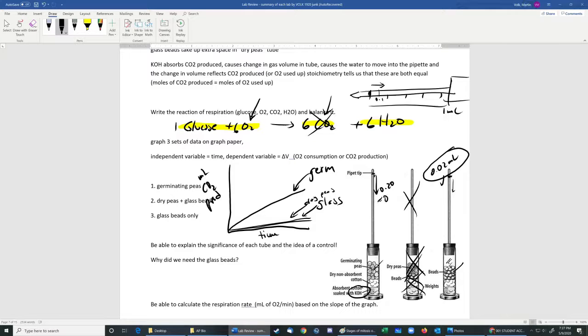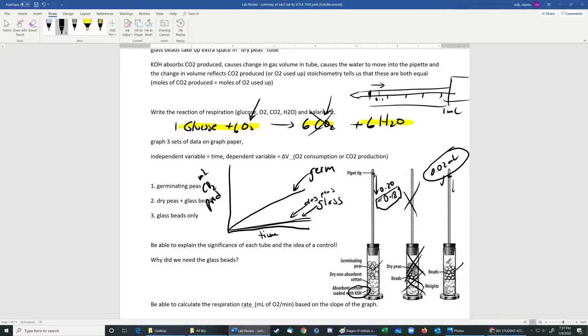So you would say this is 0.18. That's to adjust for any kind of error or any kind of fluctuation that's happening with the environment. The actual movement just due to respiration would be 0.18, not 0.20, because we saw this one with the dead glass beads also moved by 0.02. So that's something to consider.